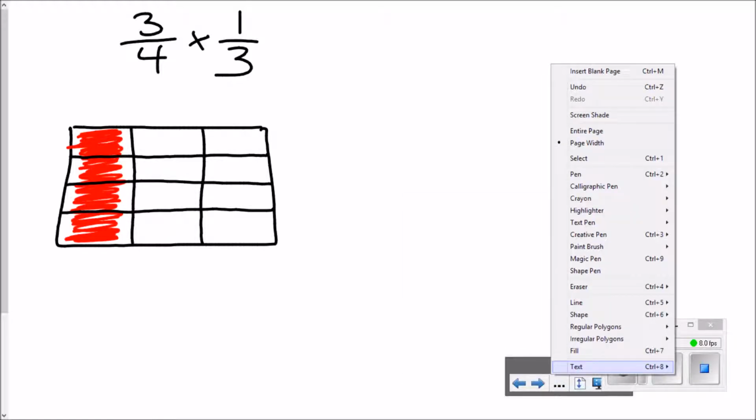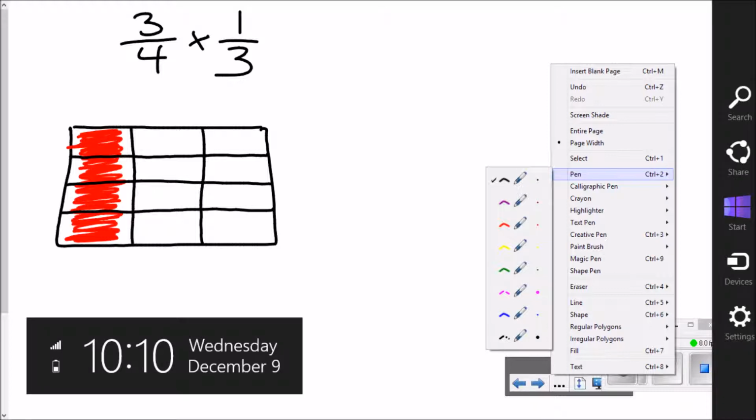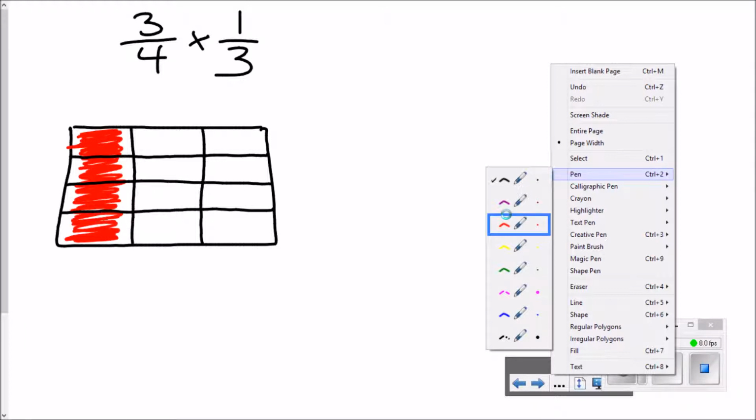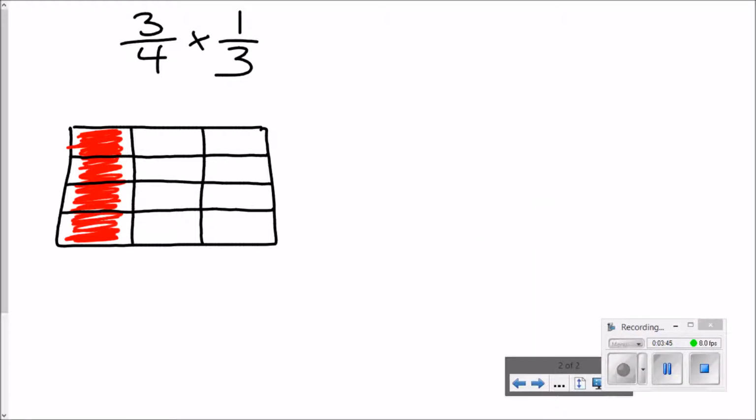Now, one thing I didn't elaborate on in the last example is why I shaded in one half of a whole row instead of just one half of the part that I know I'm focusing on. So in this case, let me explain as I go through. So I already have the one half, and now I'm trying to find the 3/4 of one half.